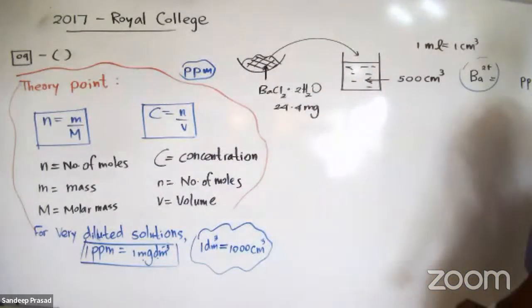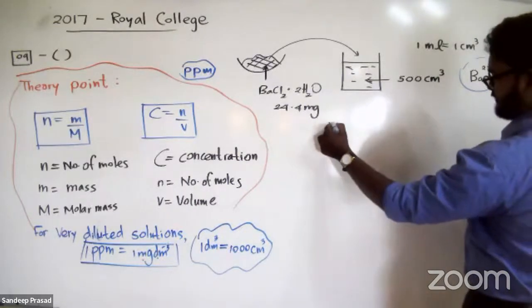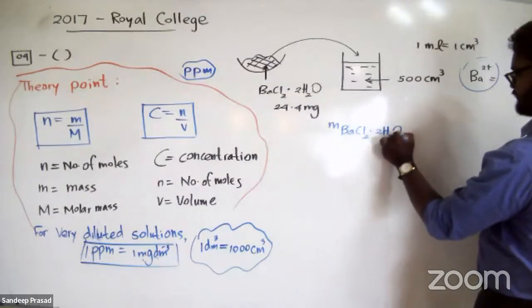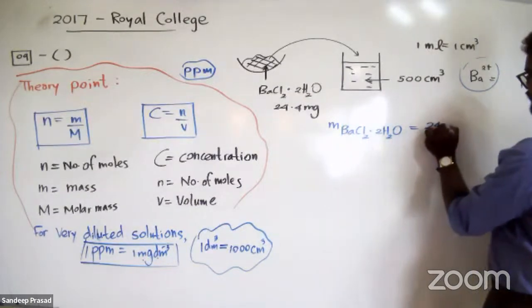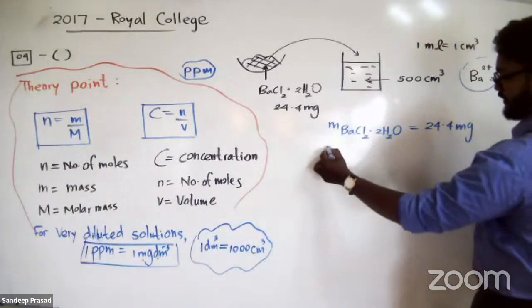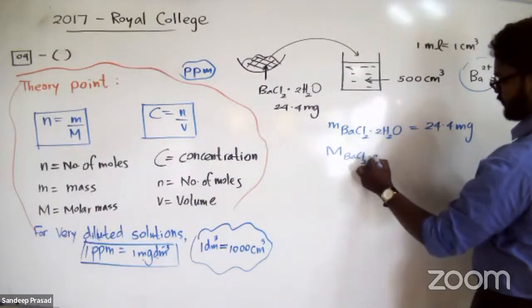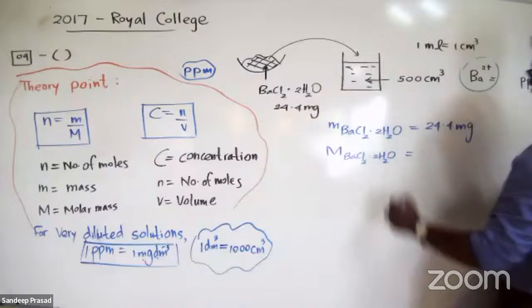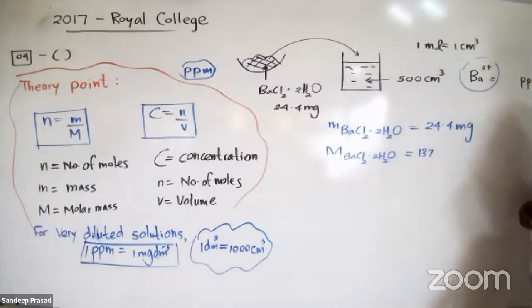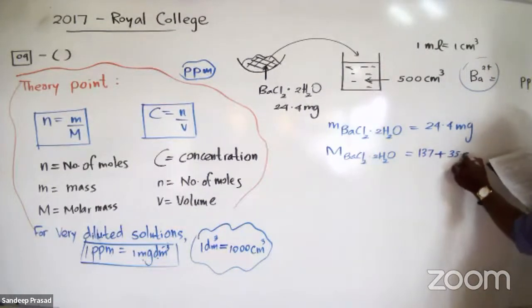First of all, they have given the mass of the hydrated barium chloride salt, that is 24.4 milligrams. First I'm going to find the molar mass of barium chloride. Barium is 137. There are two chlorines, therefore 35.5 into 2.